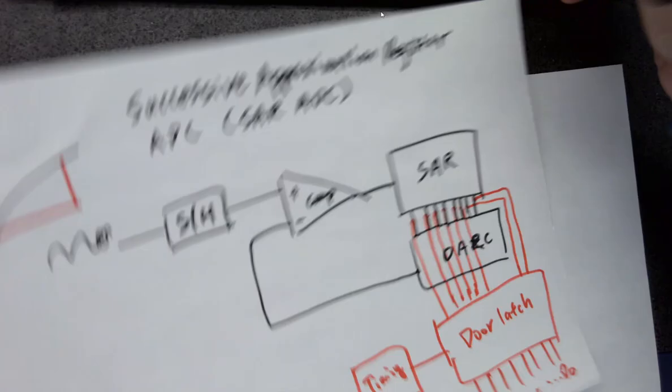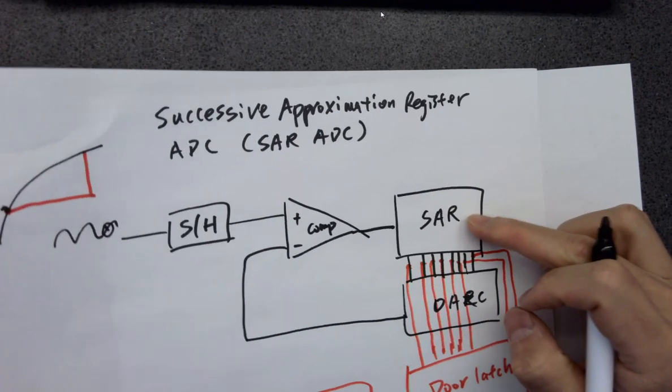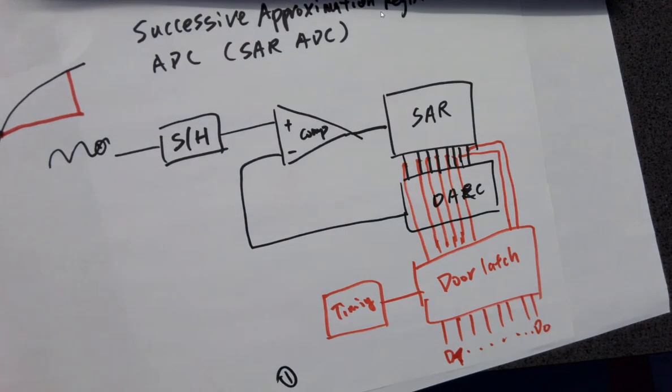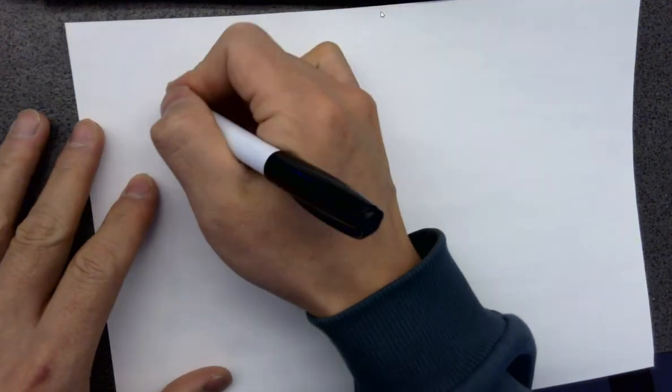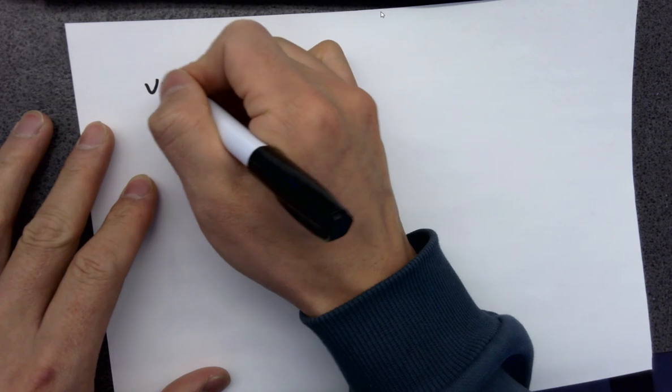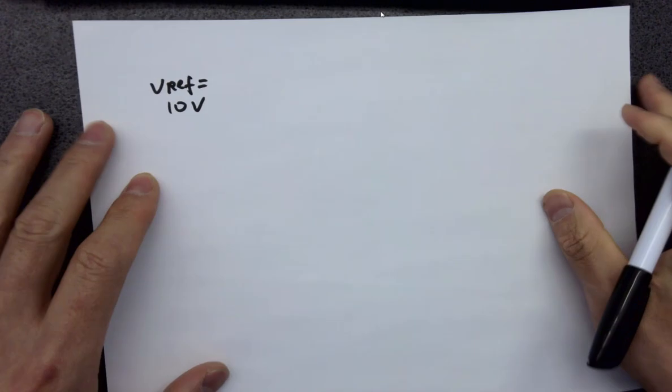So now let's look at the SAR block. It follows an algorithm. It looks like this. In case we have a 10 volts VREF, for example.